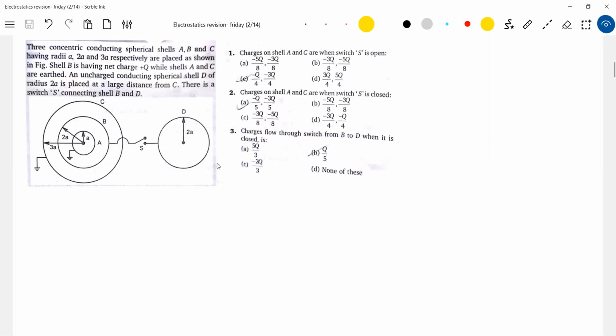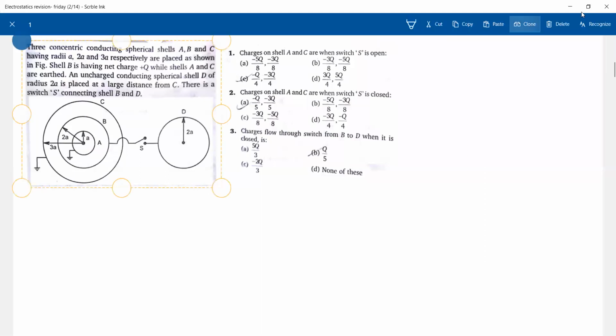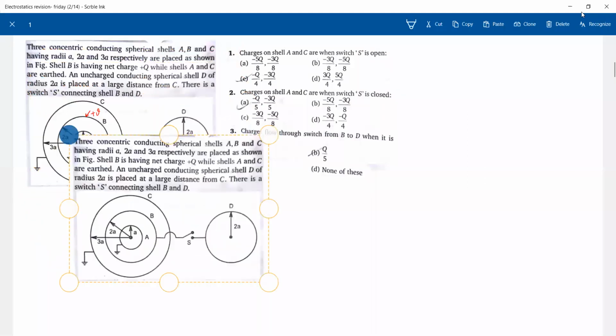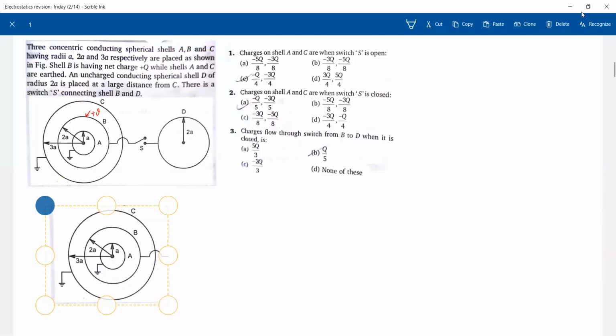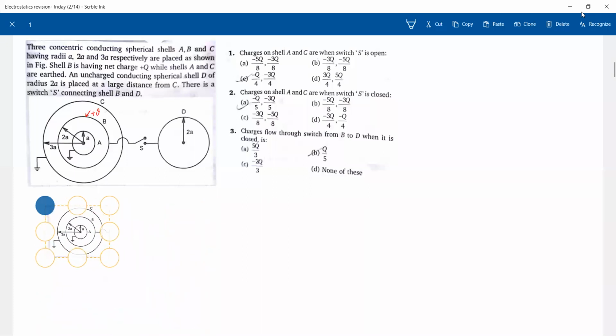Shell B is given a charge Q. The question is like this. Now I think you know how to manage this. Let's not bother about the shell D. First we'll focus on this one.